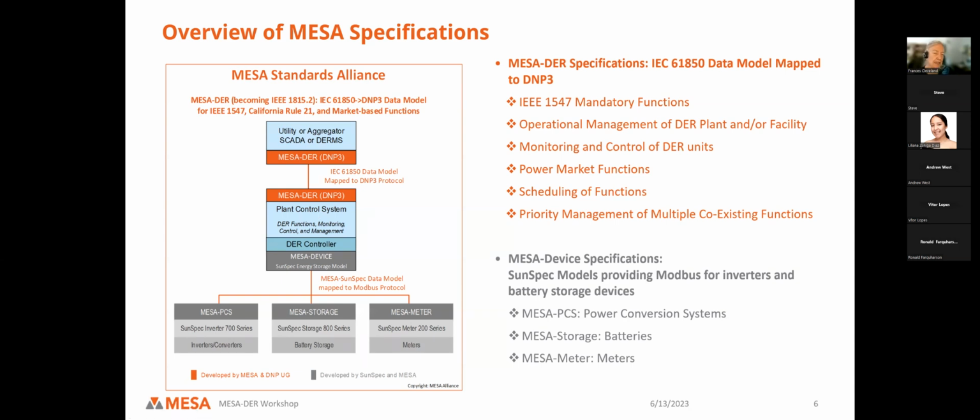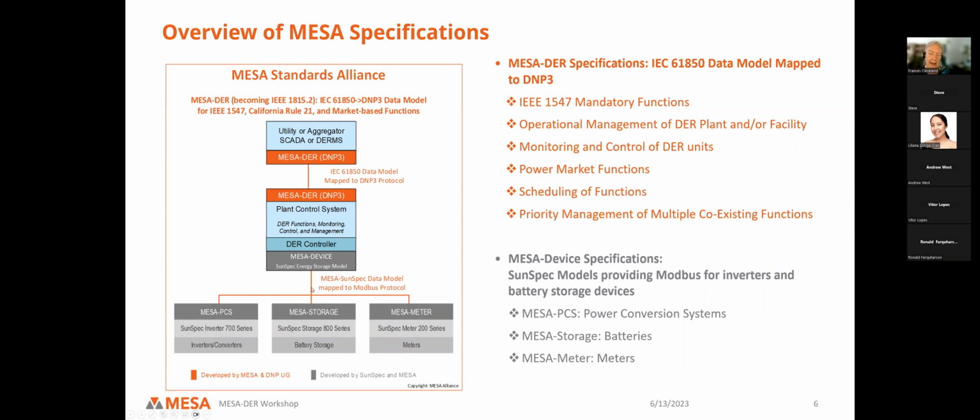Our main focus in the beginning was the larger ones because those are the ones that the utilities are actively interacting with, but it could be the smaller ones as well as it becomes more useful to have 61850 and DNP3 based communications.